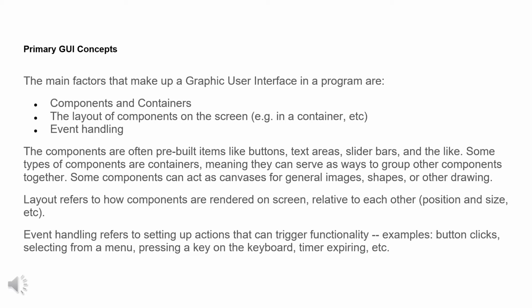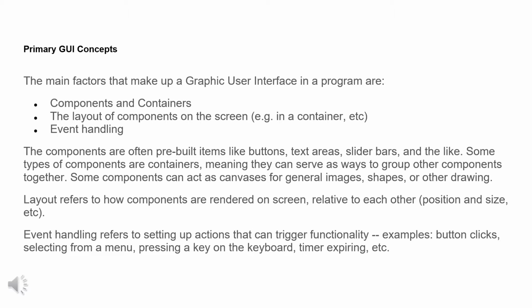So let's see what the primary GUI concepts are. The main factors that make up a graphic user interface or GUI in a program are first, the components and containers, then the layout of components on the screen in a container, and event handling.